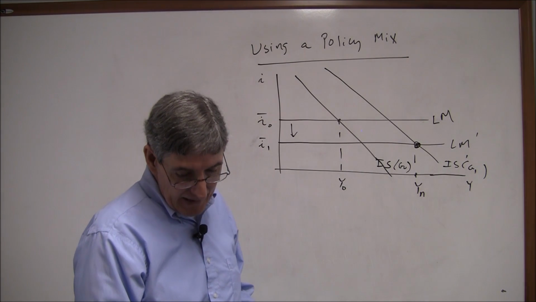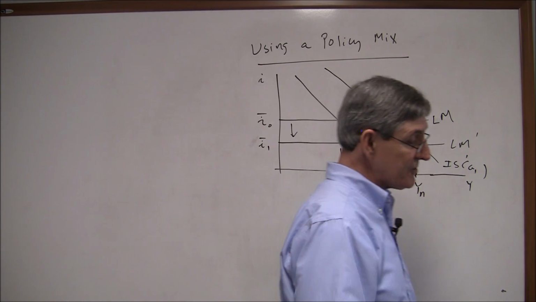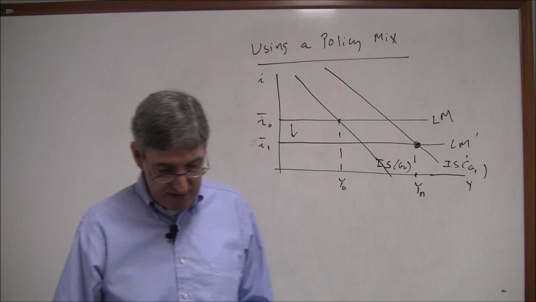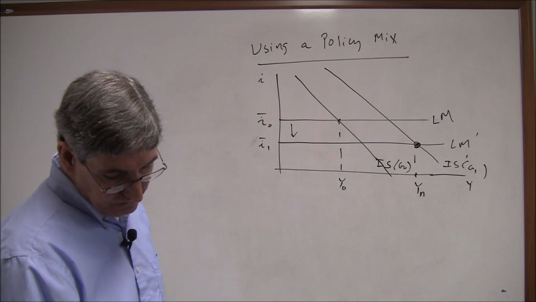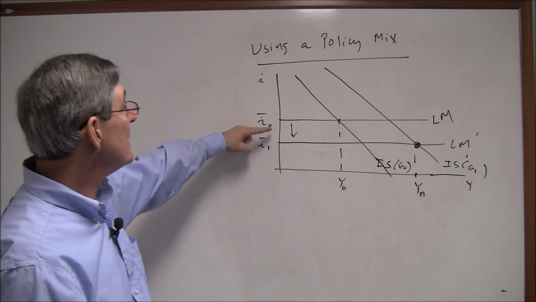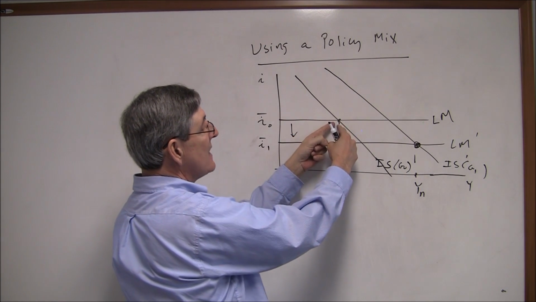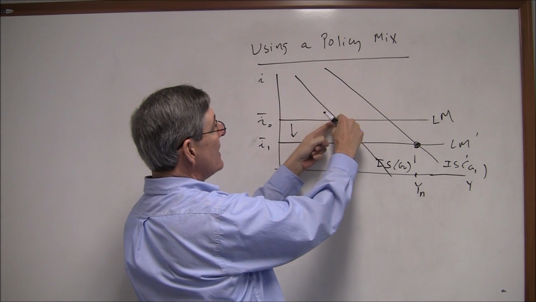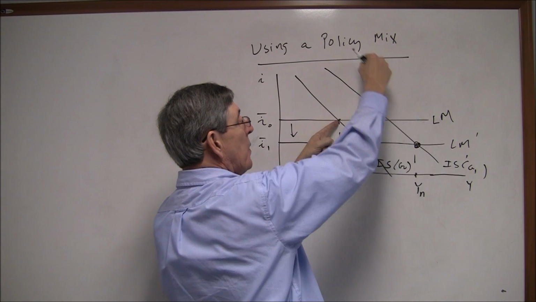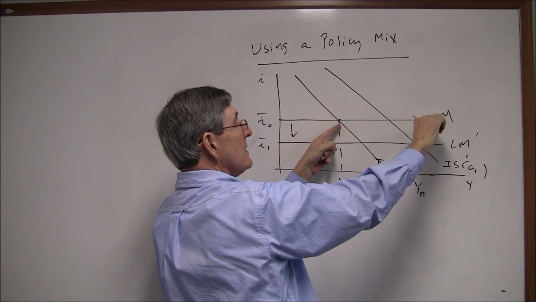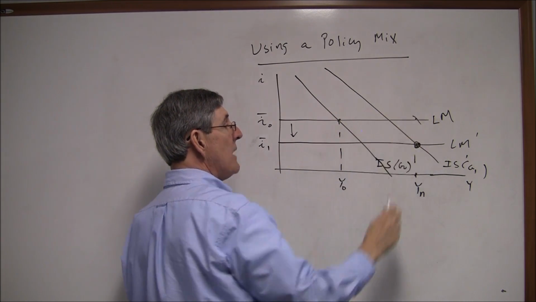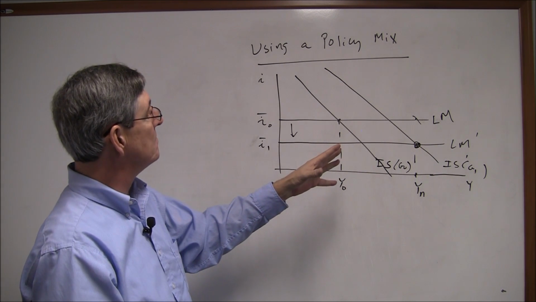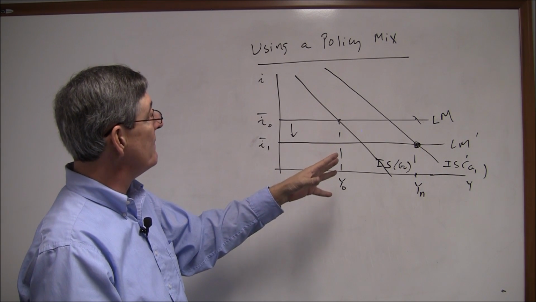So there's several advantages of using a combination policy to get out of a deep recession. First of all, we could have just used fiscal policy all by itself. So I could have just started here and shifted all the way out to this point, used even more fiscal policy to get back to full employment.